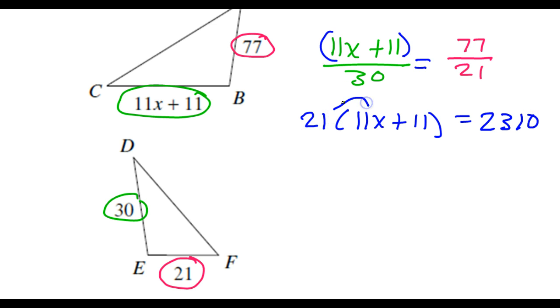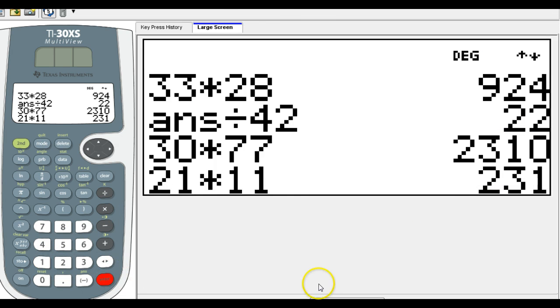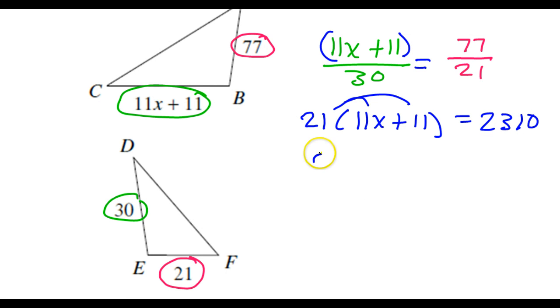Okay, doing the distributive property, 21 times 11 is 231. So that's going to give me 231x plus 231.